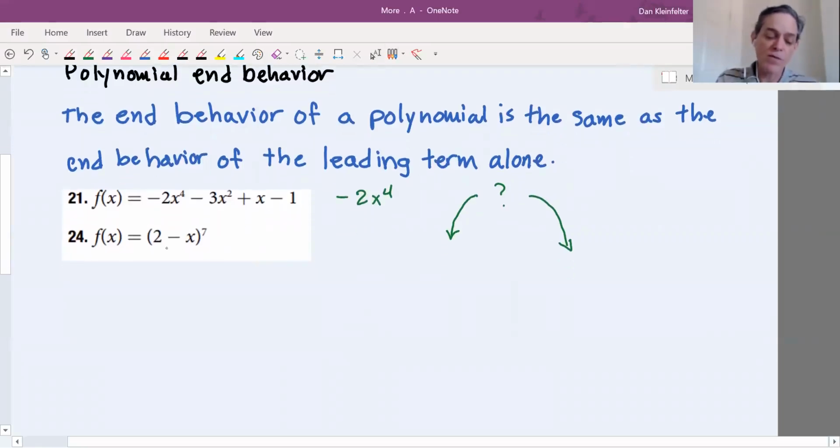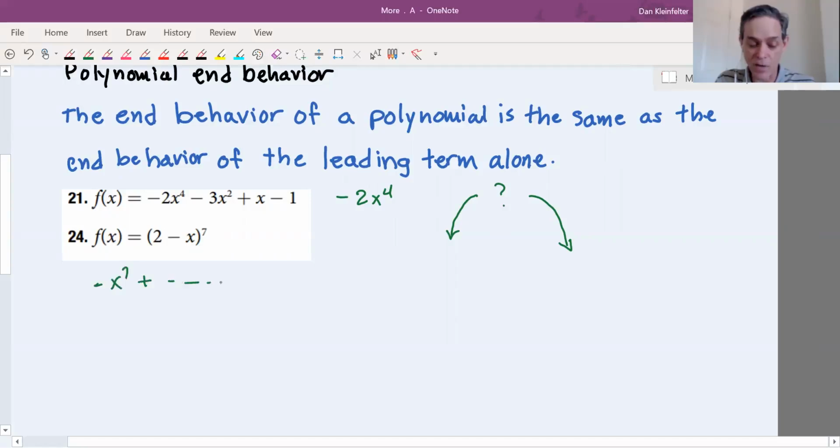For this one, we have 2 minus x raised to the 7th power. And for this one, I'd recommend that you don't actually multiply this whole thing out because it's just going to take a lot of your time. Instead, we want to just think about what that leading term is going to be. So if you multiply out 2 minus x raised to the 7th power, your leading term is going to end up being minus x to the 7th.